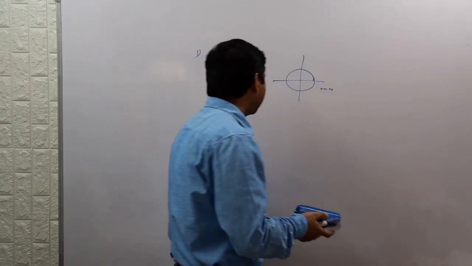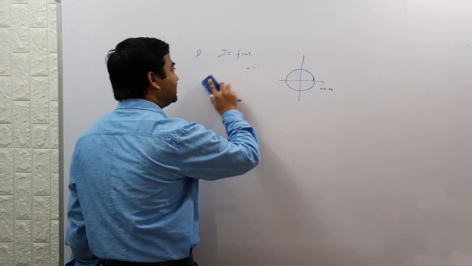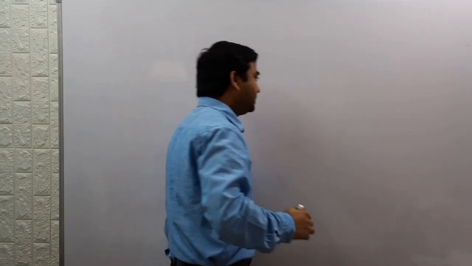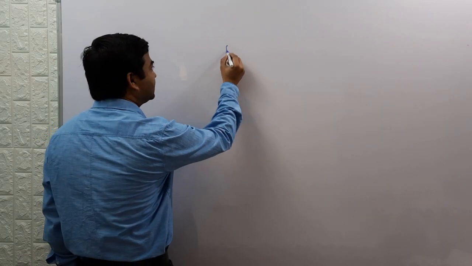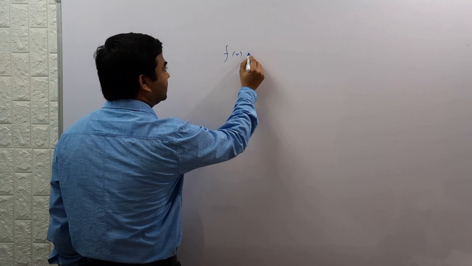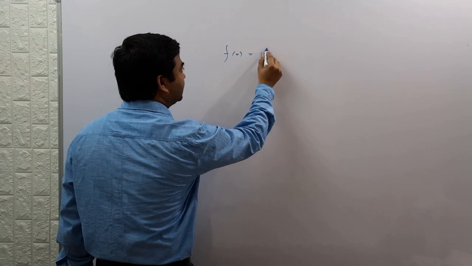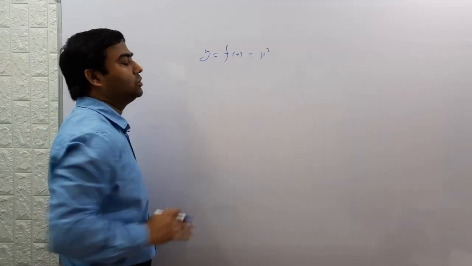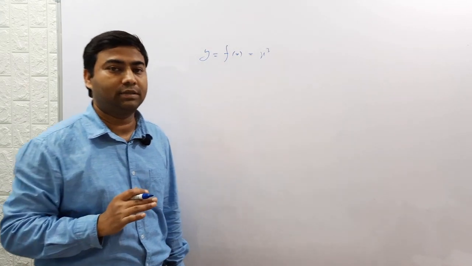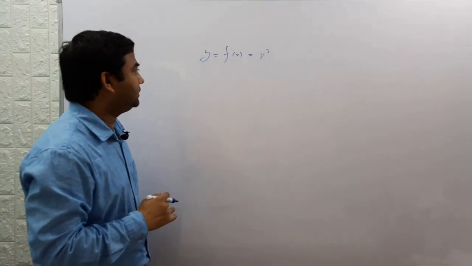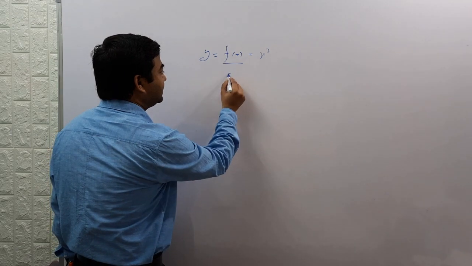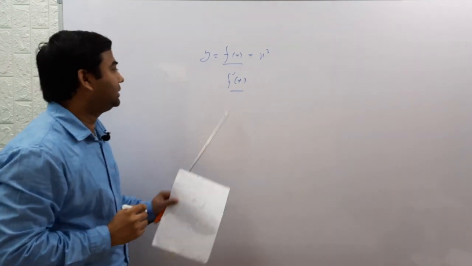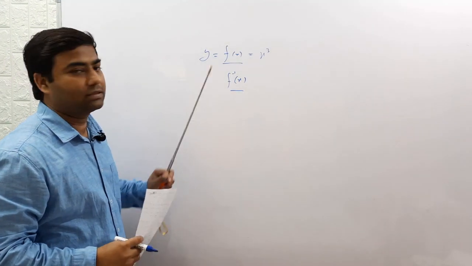Second most commonly used classification is inverse function. Inverse functions, we know f(x) is defined in terms of x, let x cube. So we define y equal to f(x) equal to x cube. This is a simple explicit function. So the inverse function of f(x) is written like this, f inverse x.